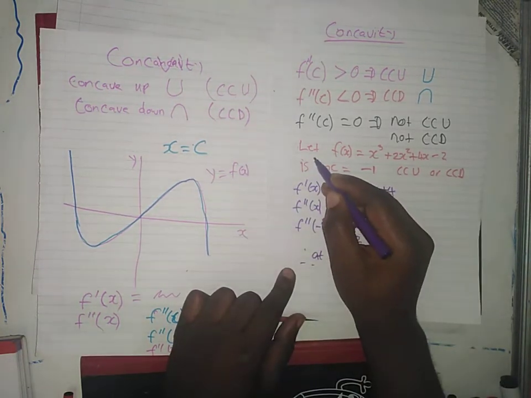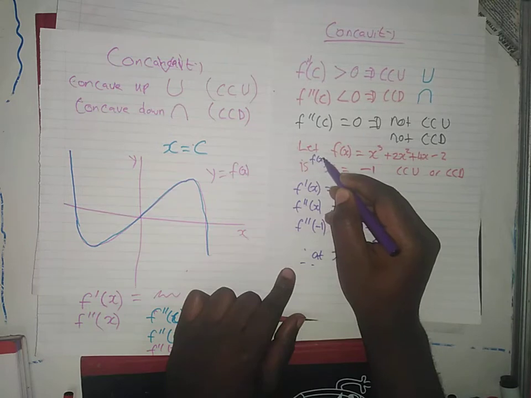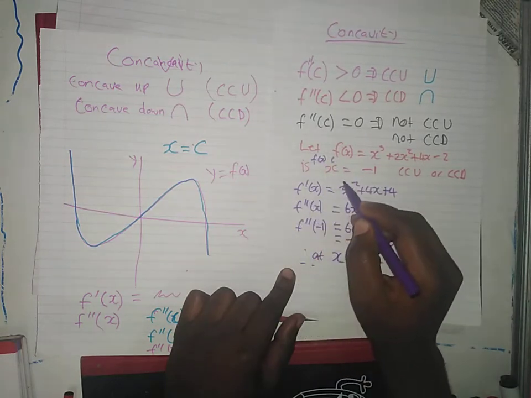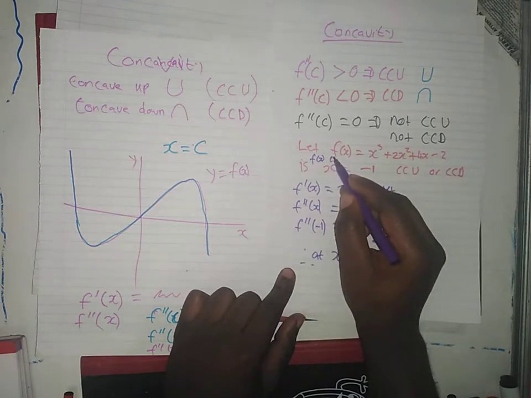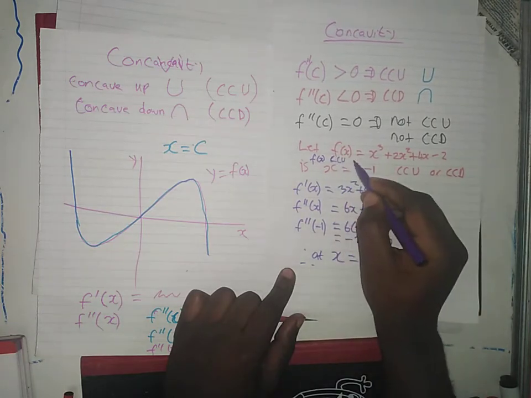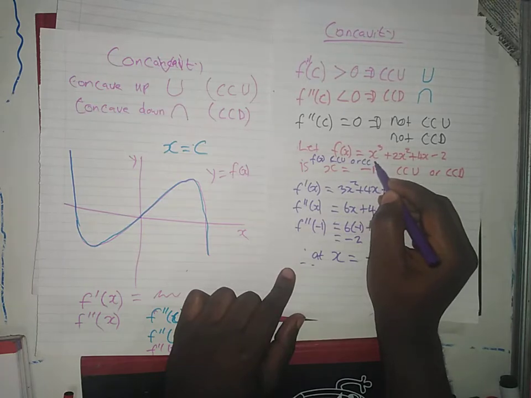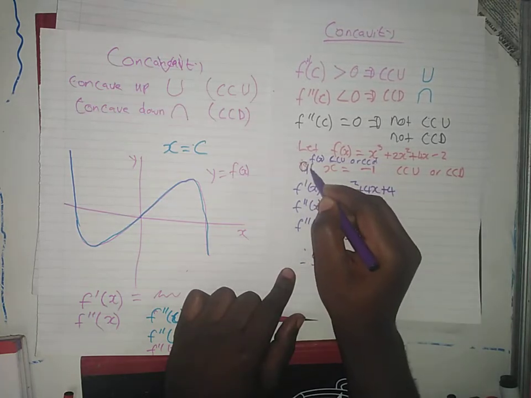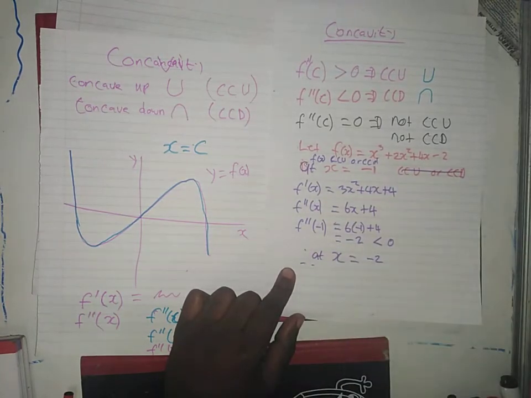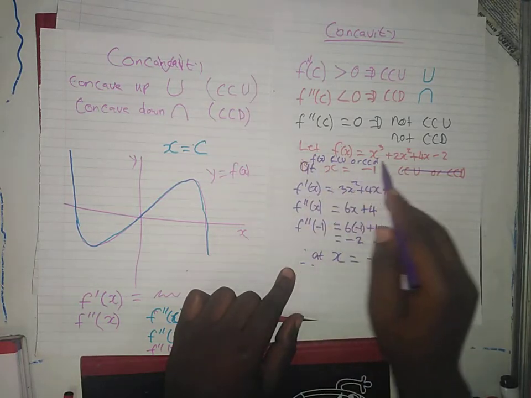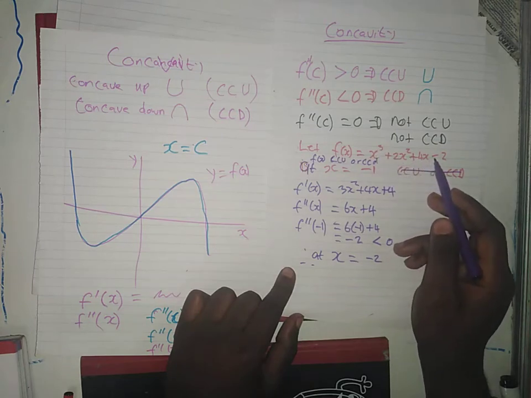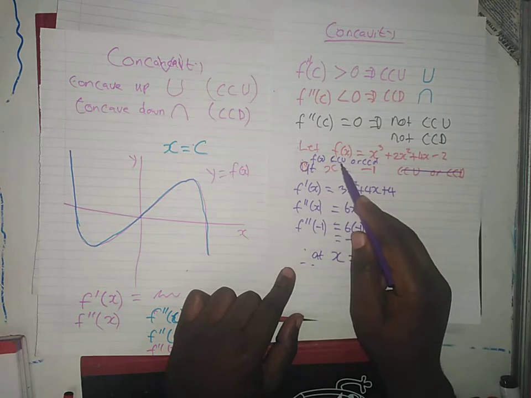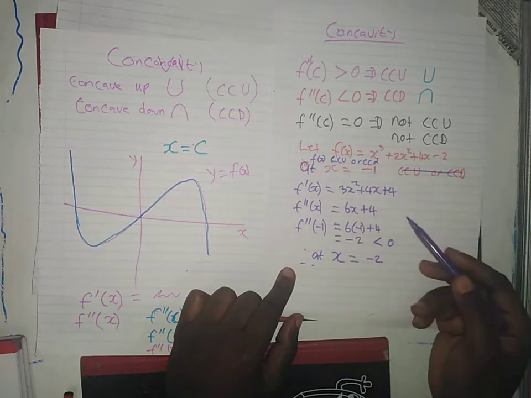I was supposed to say, is f at x CCU or CCD at x is equal to minus 1. Let f at x be x cubed plus 2x squared minus 4x plus 2. Is f at x concave up or concave down at x is equal to minus 1?